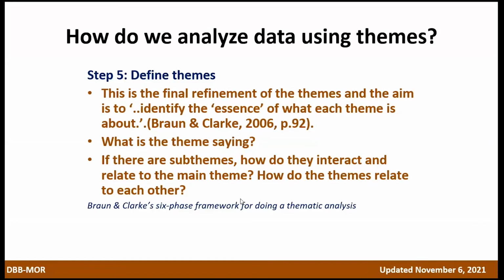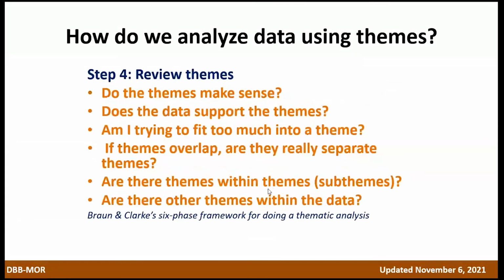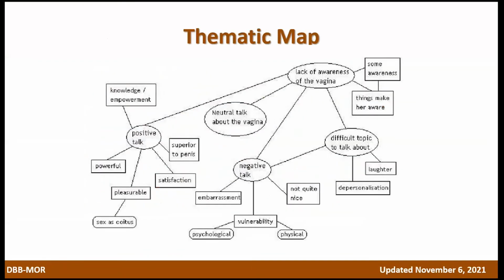And then finally, the last step is actually the writing phase. It's very important. So this would be an example of a thematic map. There are overlapping. I'm sorry for the example.